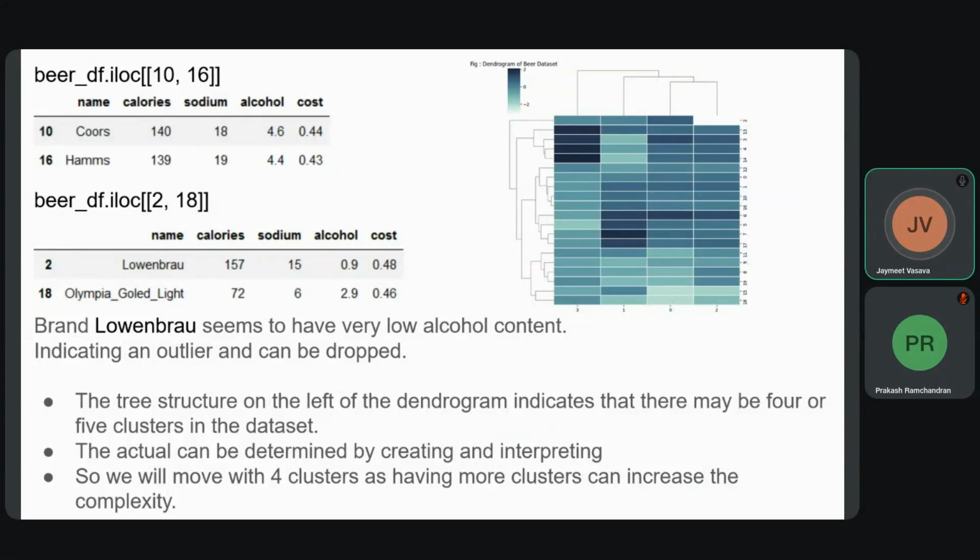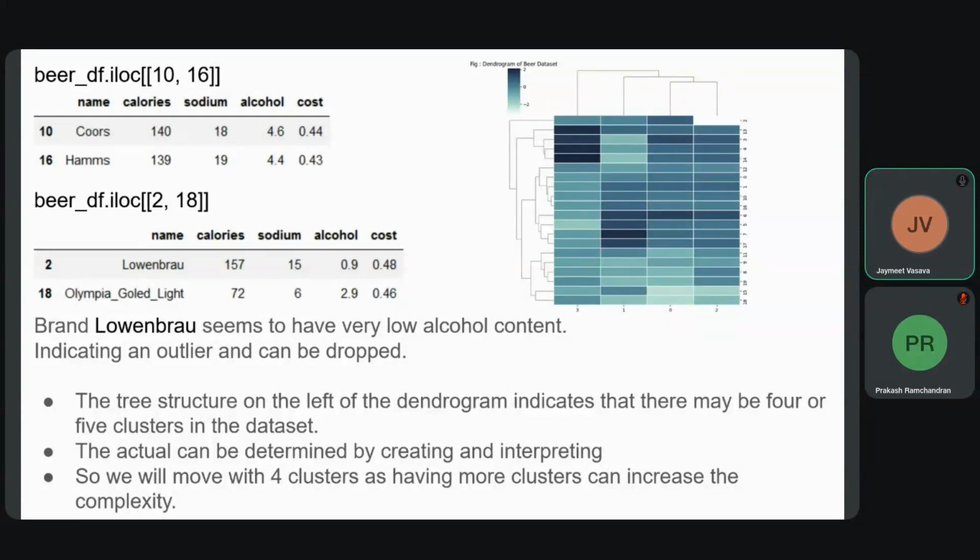The tree structure on the left of the dendrogram indicates that there may be 4 or 5 clusters in the data set. You can see the tree-like structure that it forms, and the kind of clusters that it can create. Based on that, you can have a rough guideline on how many clusters the data set can contain.